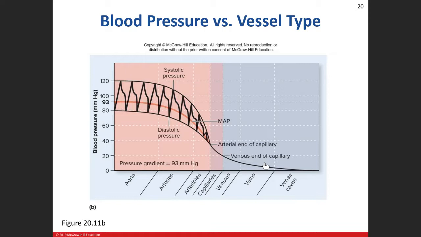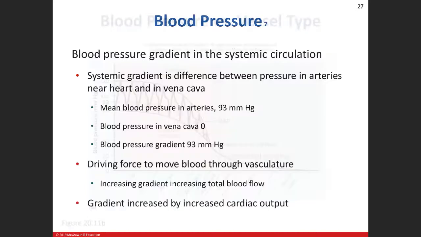And it's on that loop. Let me pull that back up. So staying on that, this is when we talked about the mean arterial pressure, or the MAP. We have that 93 millimeters of mercury straight out of the arteries near the heart, the aorta, the subclavian, the brachiocephalic, the common carotids.